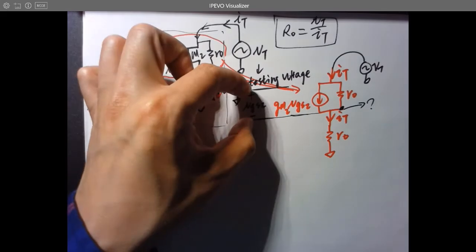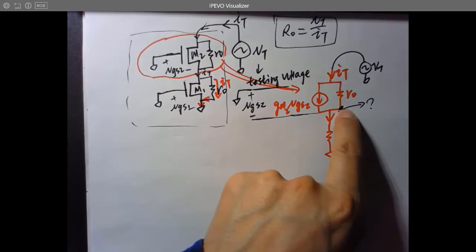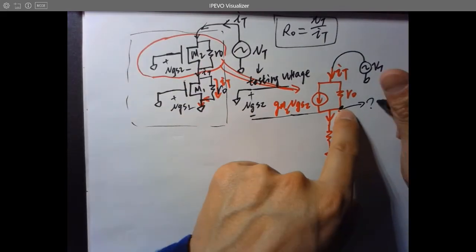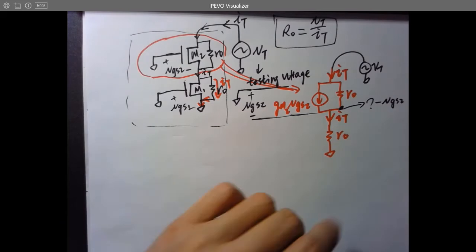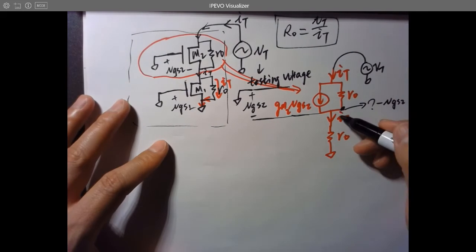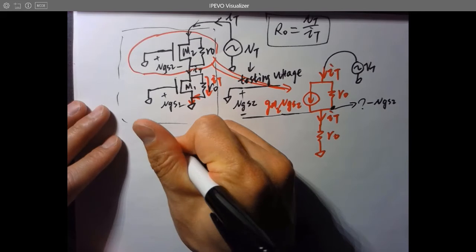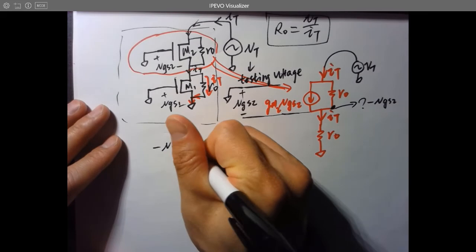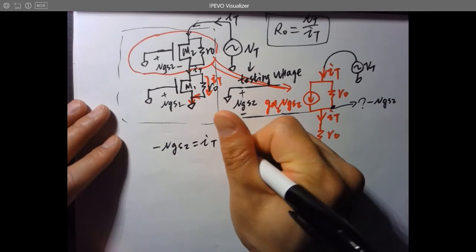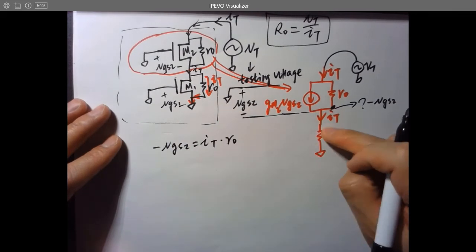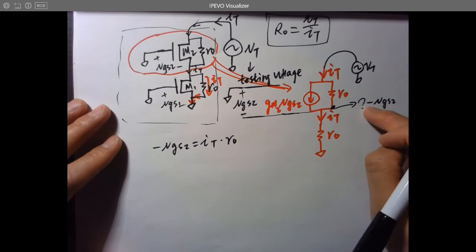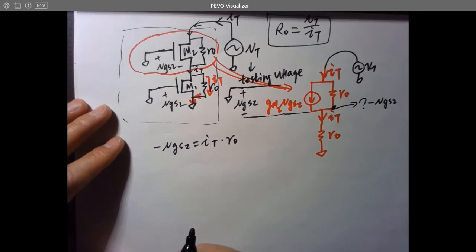Because this is VGS2, so the voltage at this point compared to the ground will be minus VGS2. All right, and you know a current over here, you know the resistor, so you can directly write down this. VGS2 minus VGS2 equals IT times RO. Because the IT is flowing through RO, and here's the voltage. That's the first equation on the list.